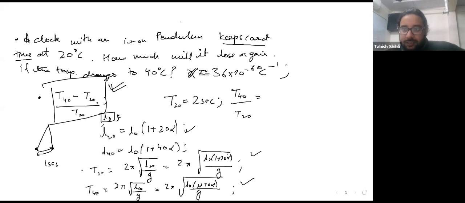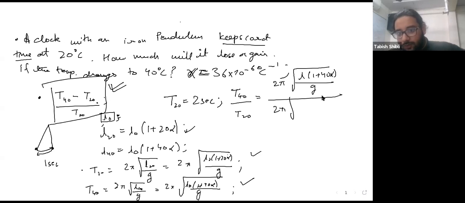So T40 is what? The 2 pi cancels, so पूरा ही लिखते हैं. 2 pi square root of L naught 1 plus 40 alpha divided by G, divided by 2 pi square root of L naught 1 plus 20 alpha divided by G. G हो गया.